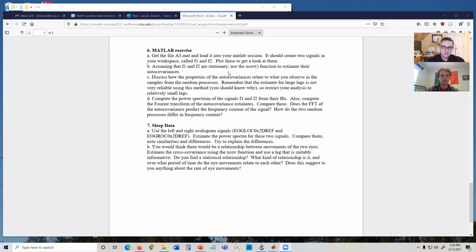So with the lags, it'll go from 1 minus the data points in the signal, to data points minus 1. Yeah. Okay, so you would just be kind of chopping off that matrix.